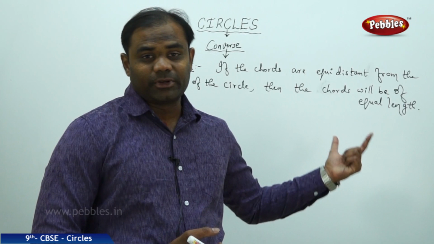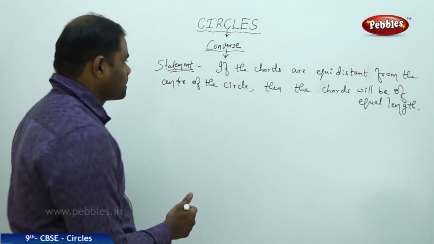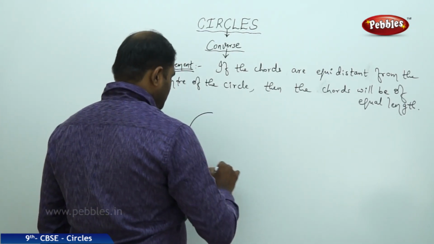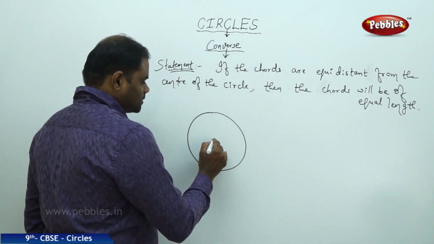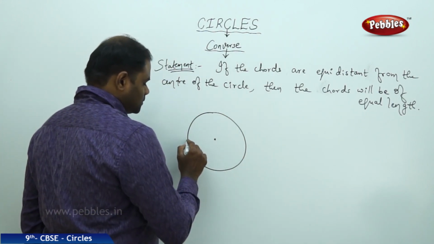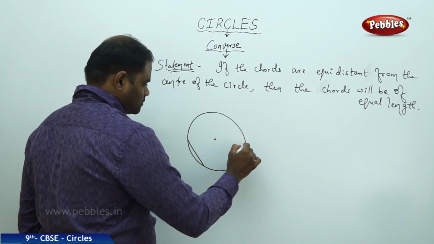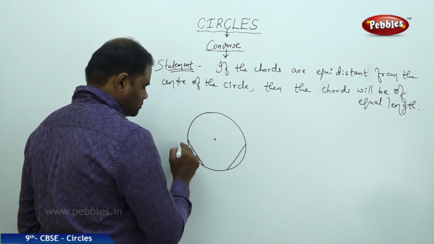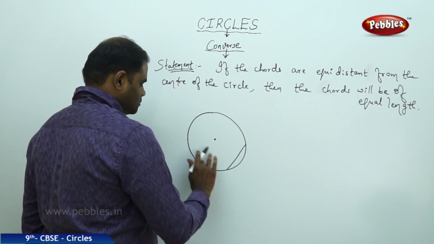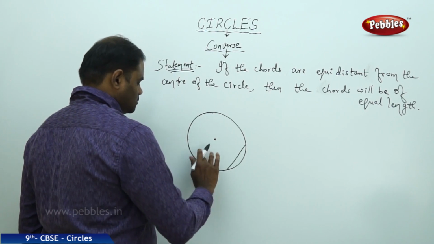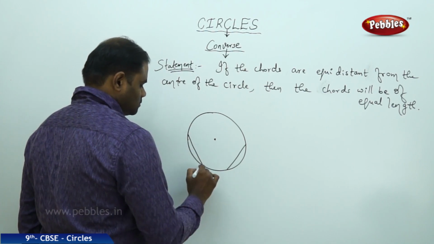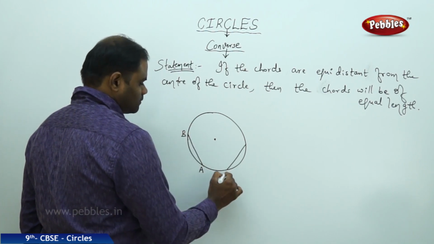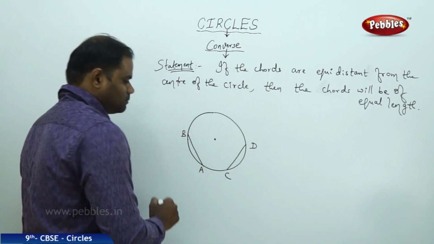Let's see the property geometrically. This is the circle, this is the center, and I have two chords AB and CD.